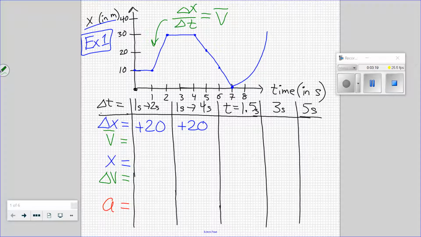My average velocity from 1 to 2 is how much? What's the slope of that line? If I've got integer seconds on the bottom, and going up by tens, and I go up 2 and over 1, that should be plus 20 meters per second. From 1 to 4, I accomplish the same thing, but it takes 3 seconds.